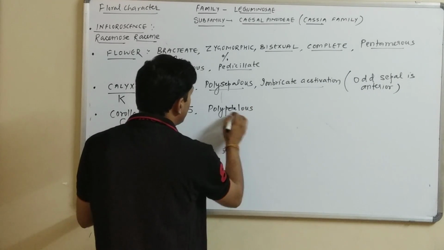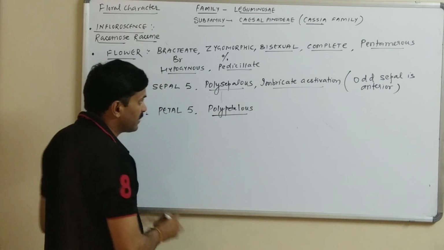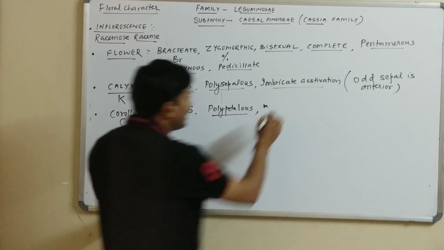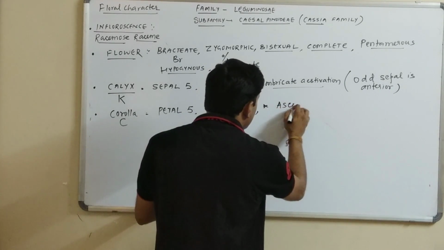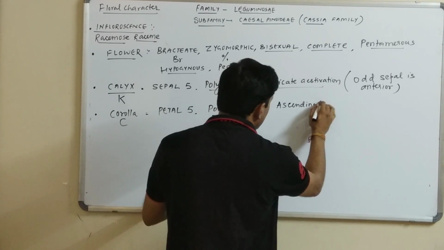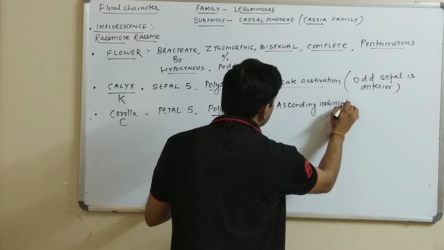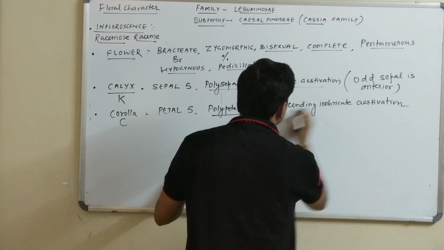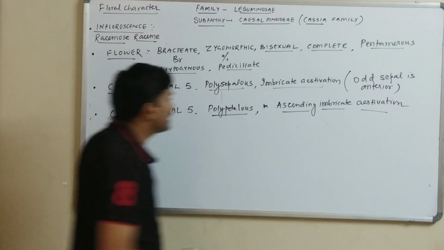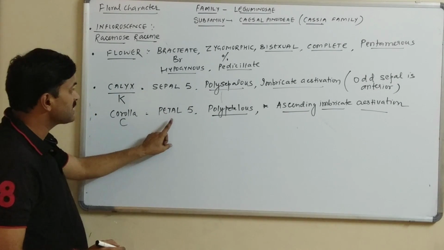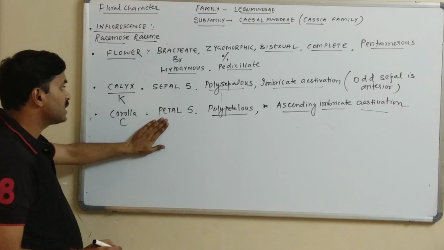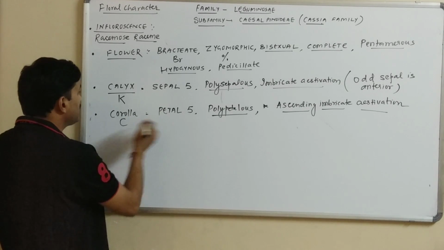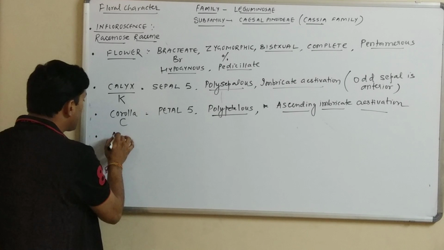Polypetalous condition means petals are free, and the very important peculiar feature of this family is that they show ascending imbricate estivation, which we have also seen in the special characters. So the number of petals is 5. Okay. Now after this, you must know about the androecium.